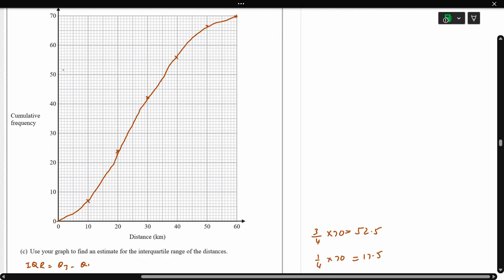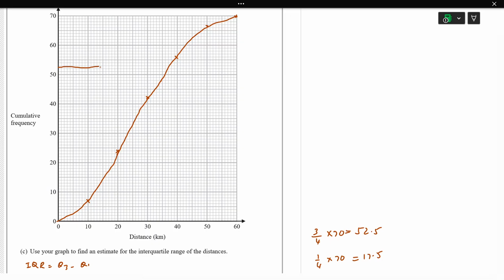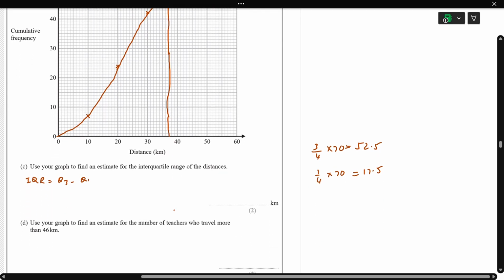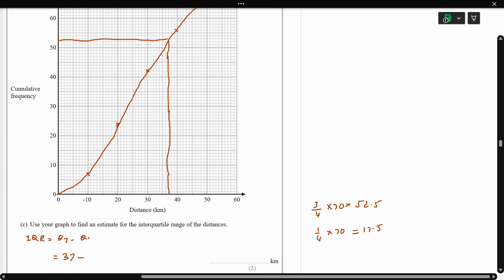Between 51 and 52, so approximate here. When you draw a line here and a line here, you have to use the ruler. Approximately, I get 37. So the third quartile is going to be 37 minus the first quartile, which is 17.5.